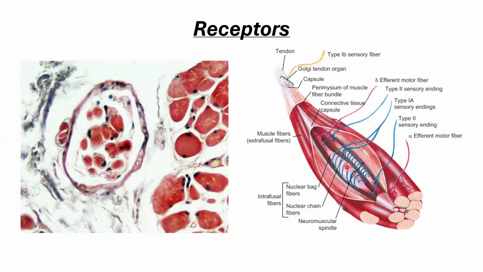And then we have the annulospiral, which wind along the intrafusal fibers. So annulospiral are type 1A sensory endings, and flower spray are type 2 sensory endings. That is the innervation in terms of extrafusal fibers and intrafusal fibers, as afferents and efferents. So kindly be aware of that.